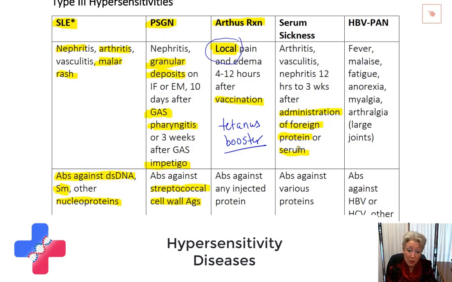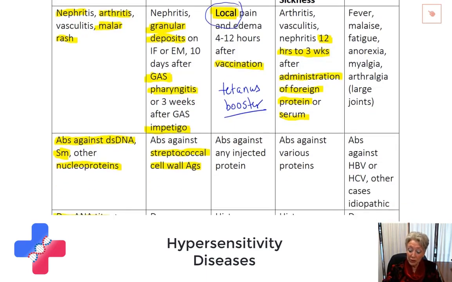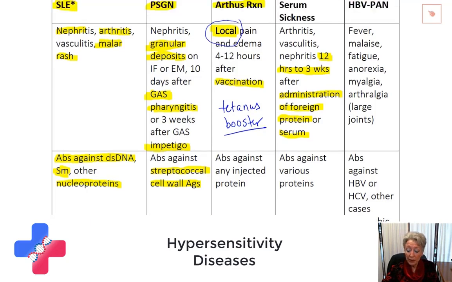Nowadays, we don't see it so much from that, but we can see it following drugs. And it's normally about 12 hours to 3 weeks that I will see the symptoms after the history of knowing that something was administered. So notice in these last two that I've discussed, there's going to have to be some sort of history of administration of something.